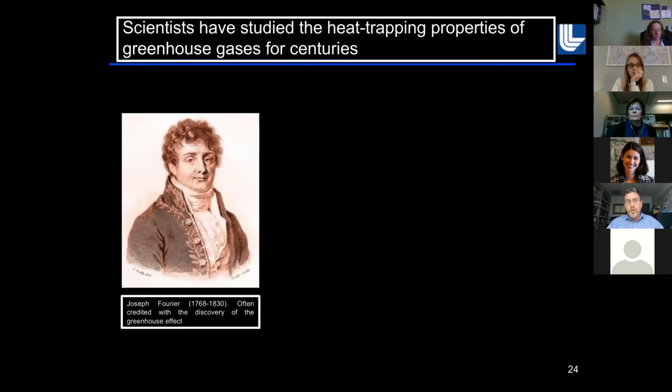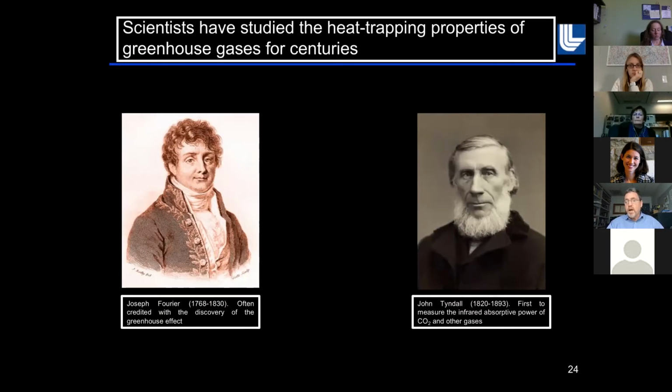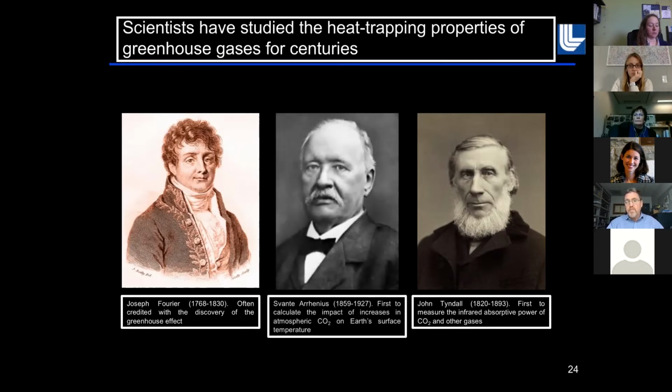That's not true. We've been trying to understand the effects of greenhouse gases since the 1700s, and arguably even earlier than that. Fourier is generally first credited with comparing Earth's atmosphere to a greenhouse. Tyndall made some of the first measurements of how different greenhouse gases, like carbon dioxide, actually trap heat. He made those measurements under controlled conditions in labs.